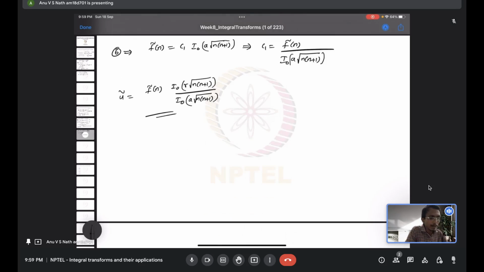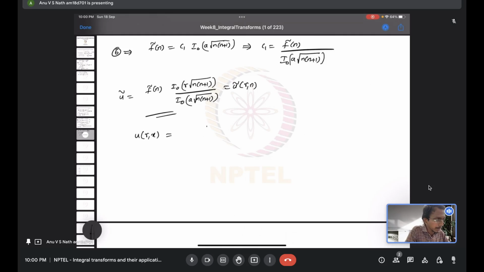Now we can invert it using the definition. So this is basically u tilde, which is a function of r and n, but we want u as a function of r and x or r and theta, whatever. So we need to invert it.